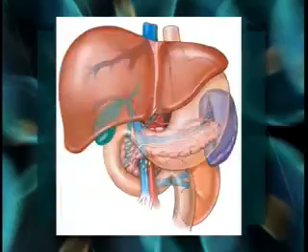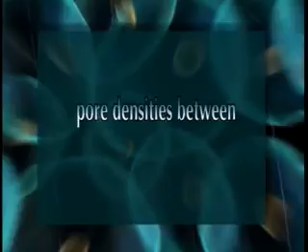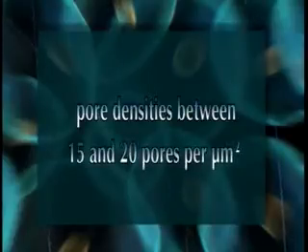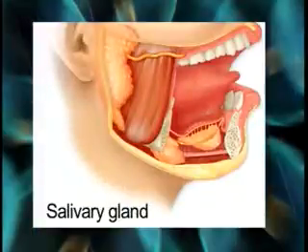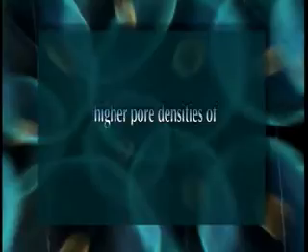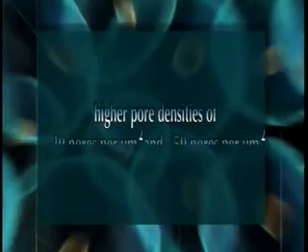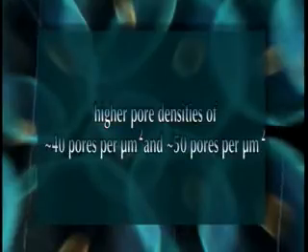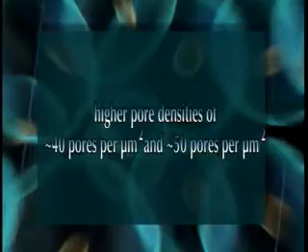Highly active but differentiated cells like liver, kidney, brain cells have pore densities between 15 and 20 pores per micrometer square. In the specialized cells like salivary gland and oocytes from Xenopus laevis, higher pore density of approximately 40 pores per micrometer square and approximately 50 pores per micrometer square, respectively, are found.